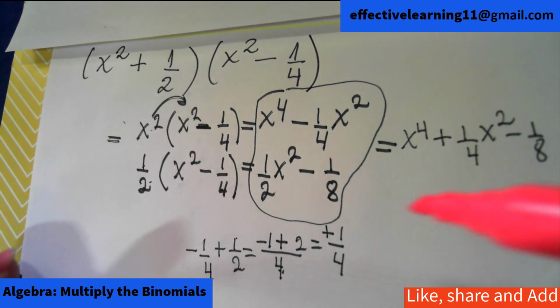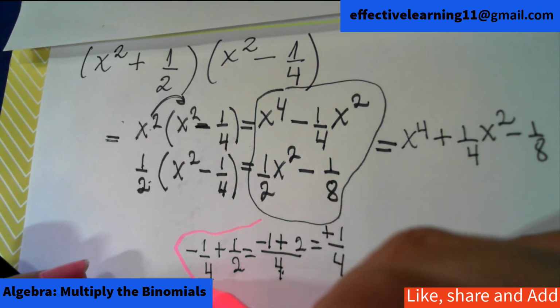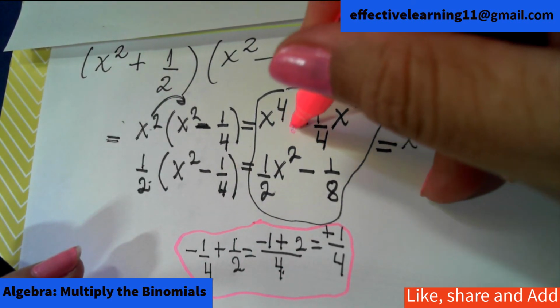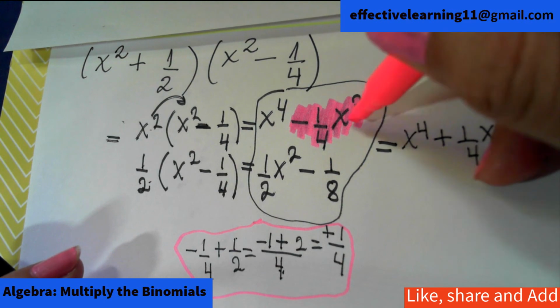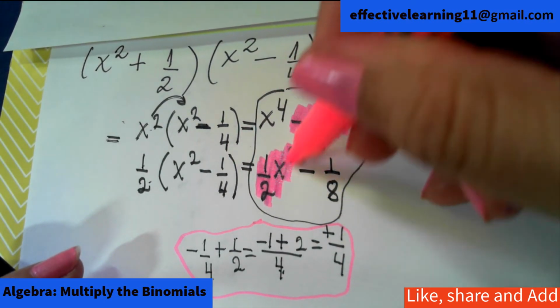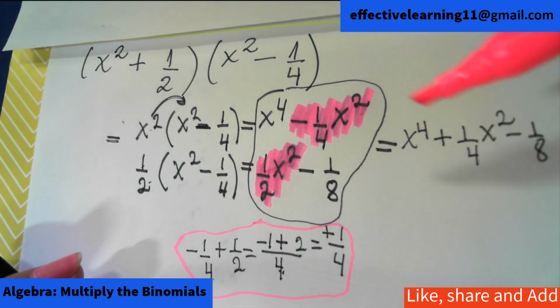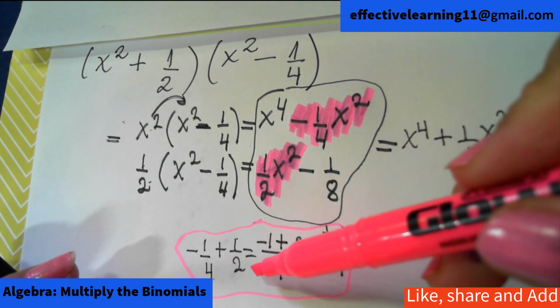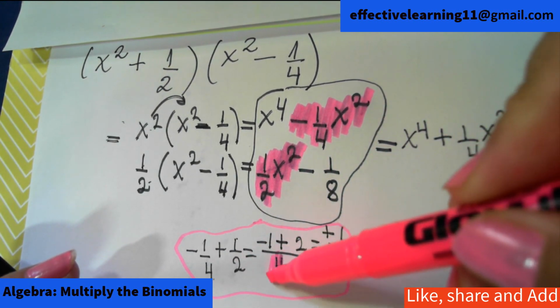Okay, this operation is the process to operate negative 1 over 4 x squared with 1 over 2 x squared. We just work with the coefficients, negative 1 over 4 and positive 1 over 2.